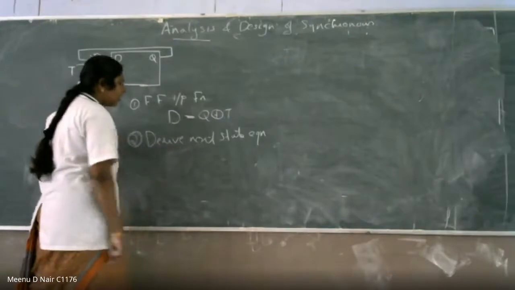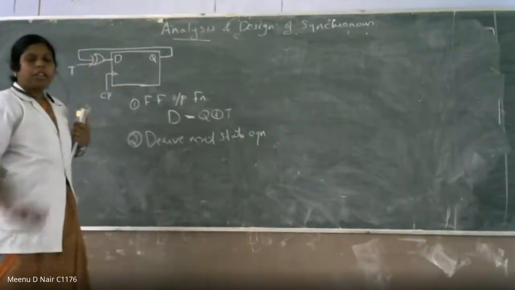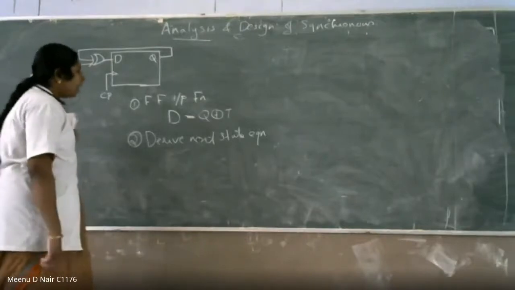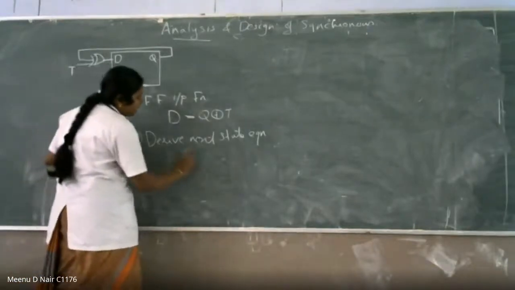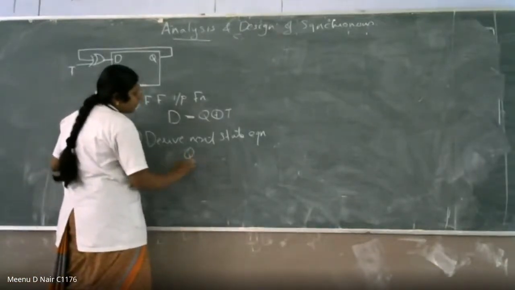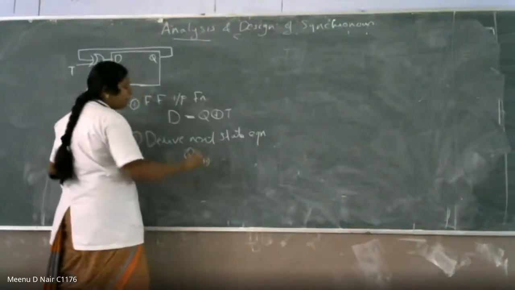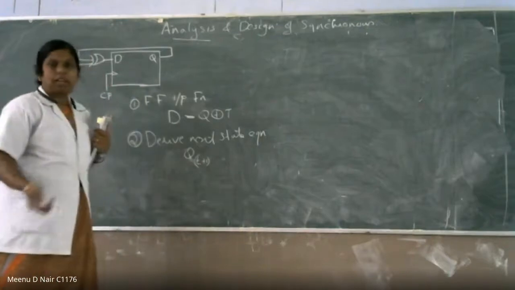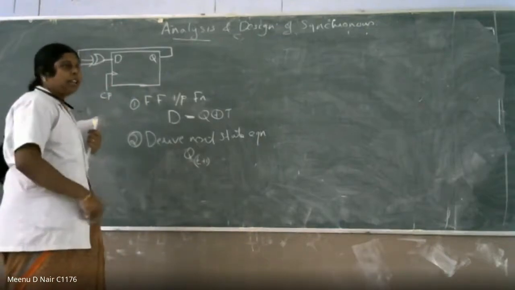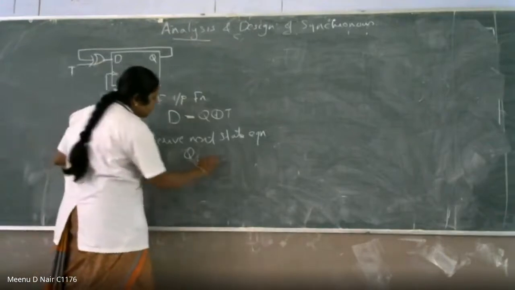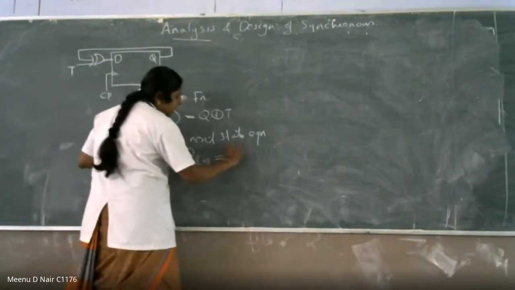It is not given in the note, so you can refer to some textbook to see the characteristic equation for each and every flip-flop. Here we are going to write the characteristic equation of the D flip-flop, Q of t plus 1, or n plus 1, whatever notation you are given. That is the next state. So here we put Q of t plus 1 equal to D itself.